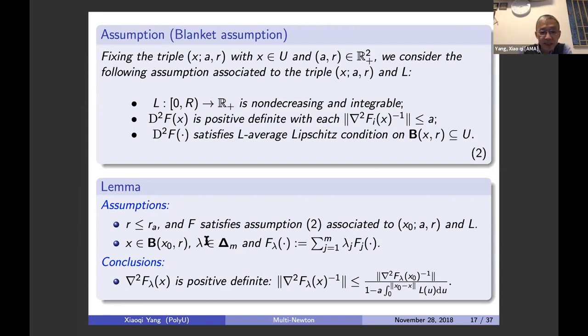Then we have the first lemma, whose conclusion is this bound for the Hessian inverse. Those are the preliminaries for the analysis.